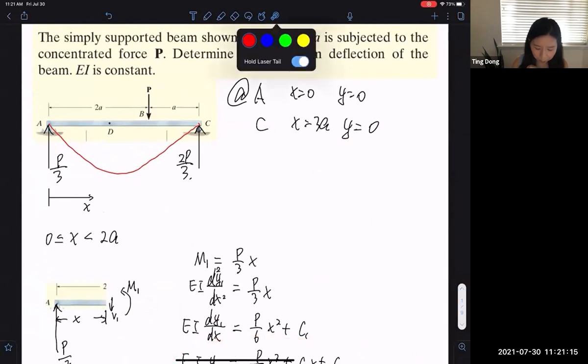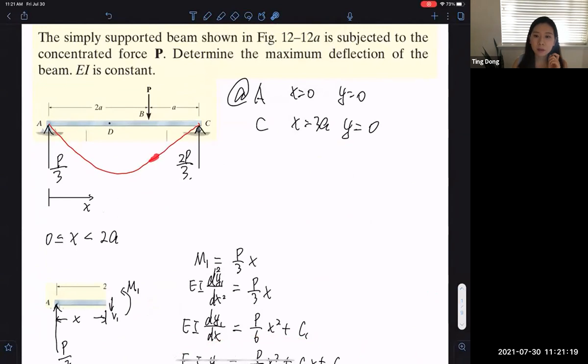At this point, we know that there's only one deflection y here, right? And we have an equation derived from the left part and one equation derived from the right part. So at point B, the deflection derived from the AB section should be equal to the deflection we derived from the BC section.